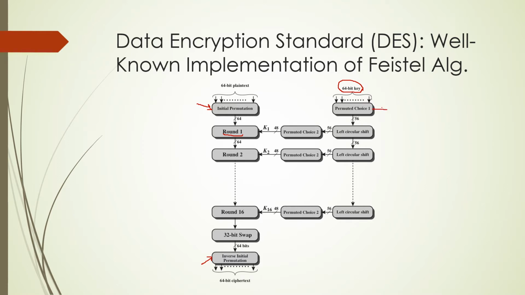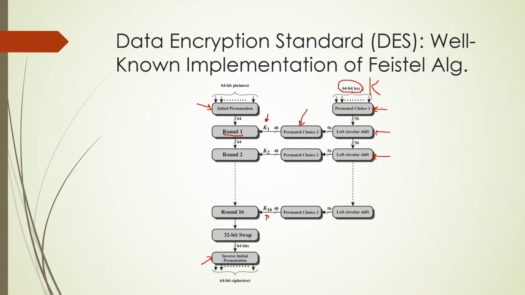First, the very first one of them is PC1, or permuted choice 1, which basically gets rid of the parity bits of the 64-bit key to create 56 bits. I'll talk about this later. And then using left circular shifts, either 1 bit or 2 bits, and then applying another function, permuted choice 2, we create all the subkeys K1 all the way to K16, and as you see, they're all functions of the original key K, right?